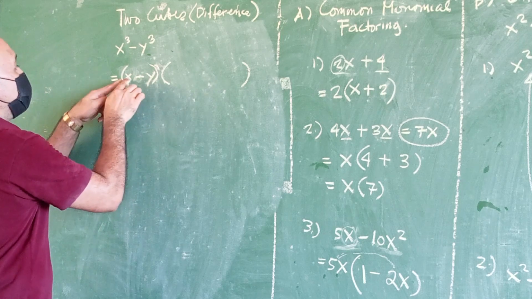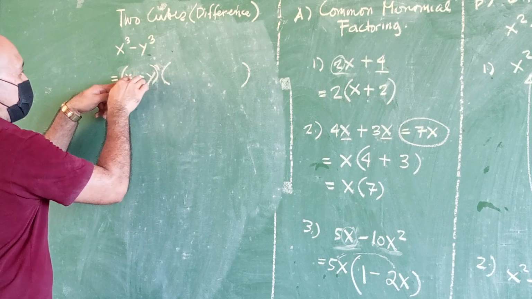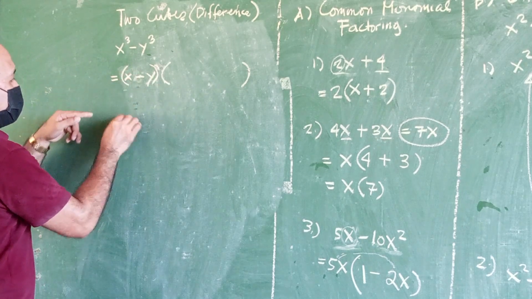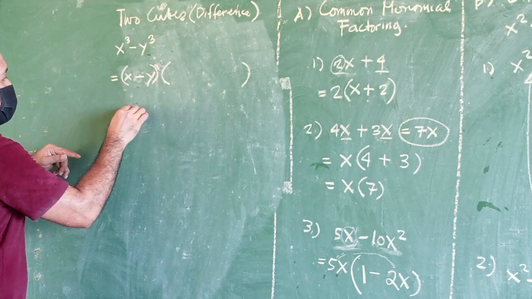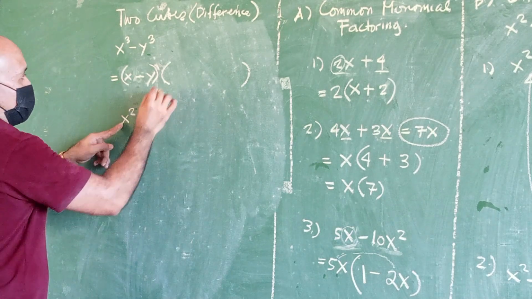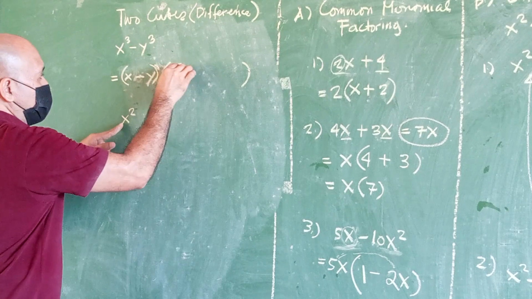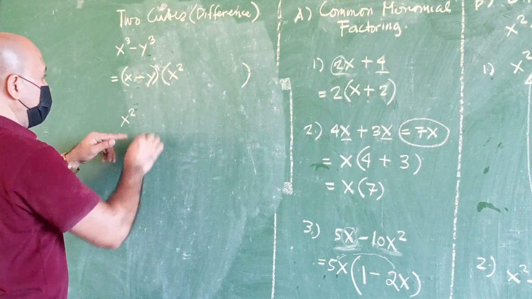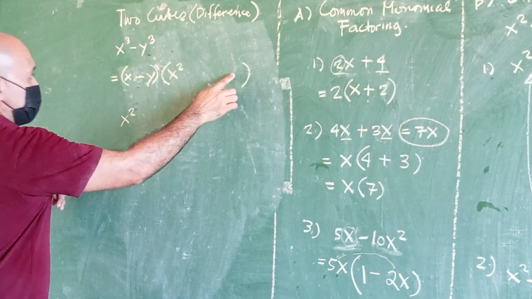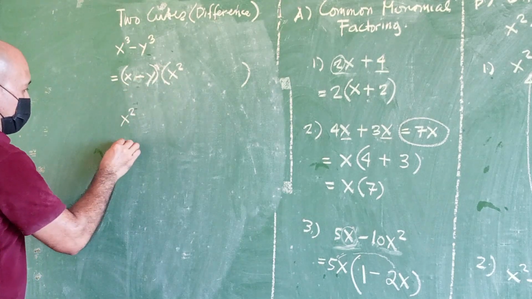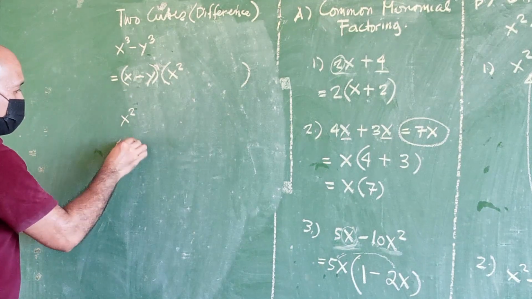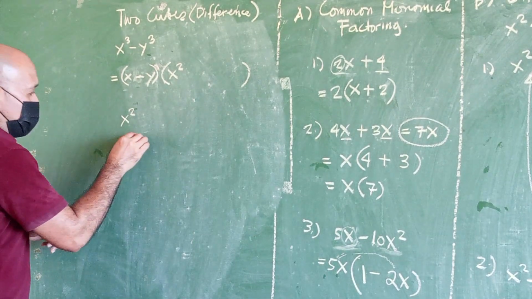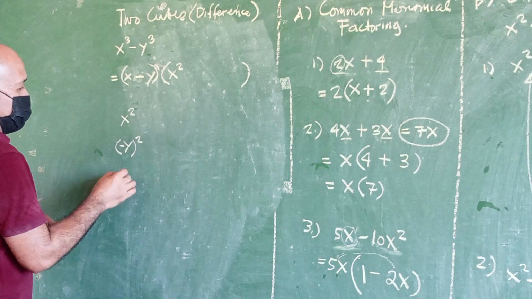Just simply square the first term, which means for this x, just raise it to the power of 2, and you place that one here as your first term. And again, for the last term, including this operation, you may have negative y, and then raise it to the power of 2.